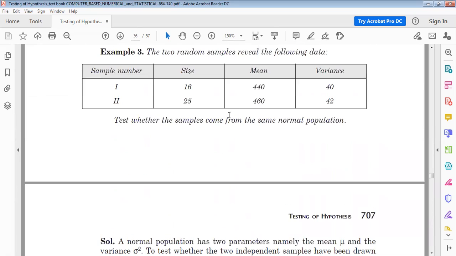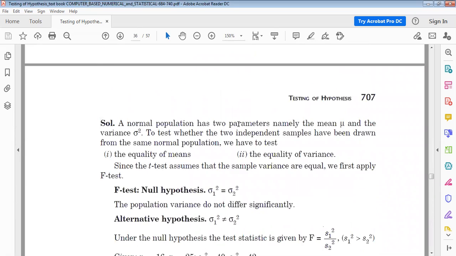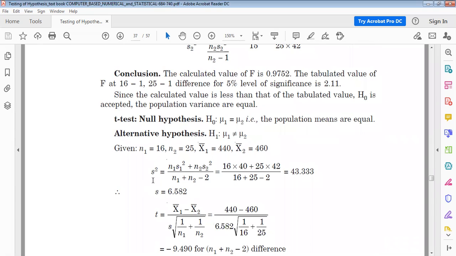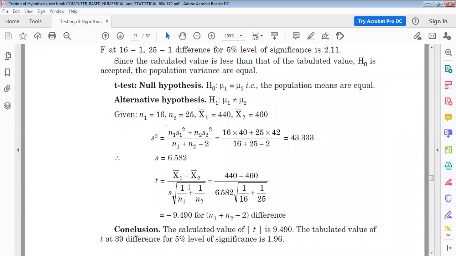This is the mean x1 bar, and this is x2 bar. Applying the formula for the standard deviation for the t-test, s square equals this, and we get 43.333. So s, taking the square root, is 6.582.